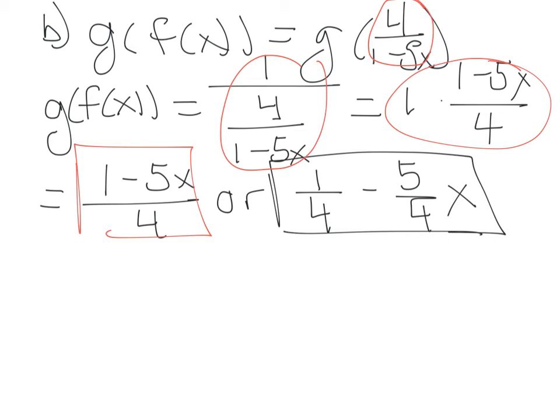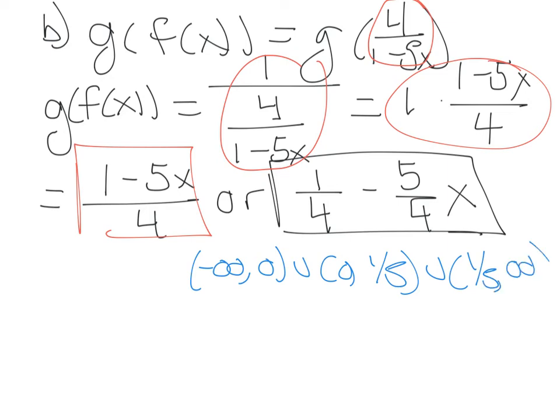Sorry, negative 5/4. So again, my f function can't be 5, my g function can't be 0, but I made a line. So this line is defined from negative infinity to 0, 0 to 1/5, 1/5 to infinity, because you can't plug something in that didn't exist in the first place.